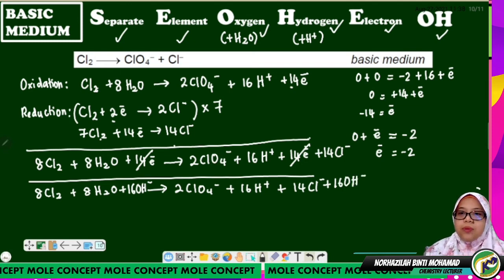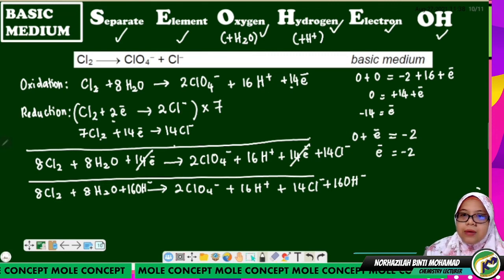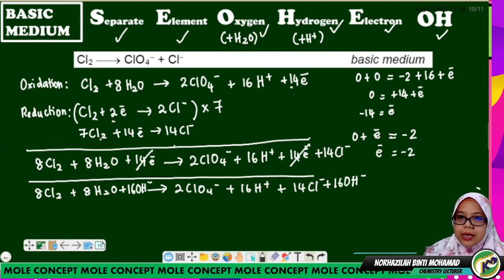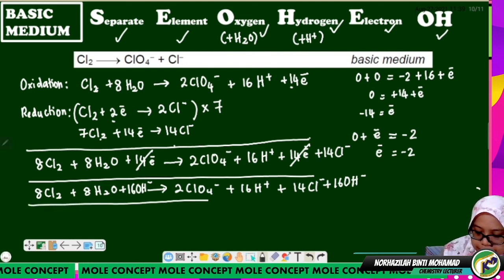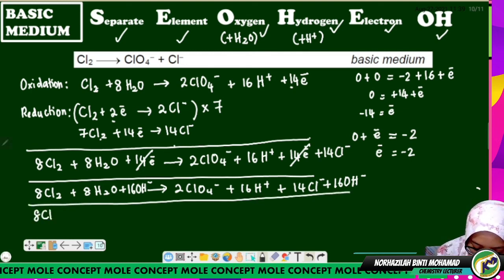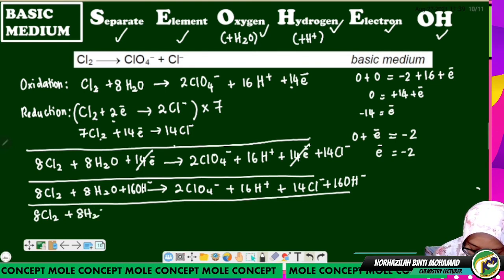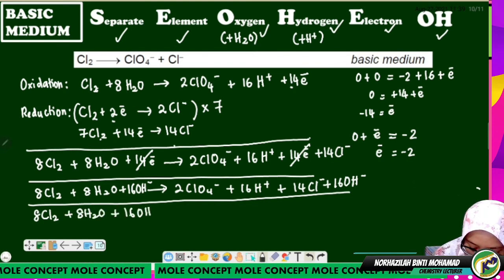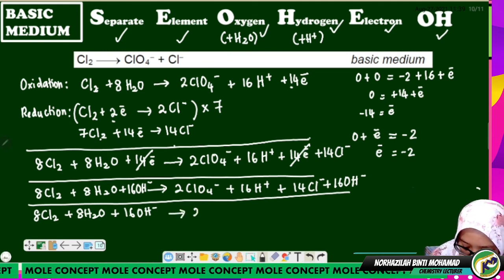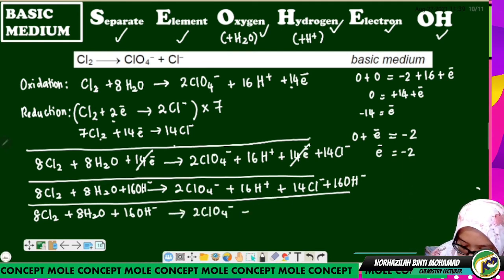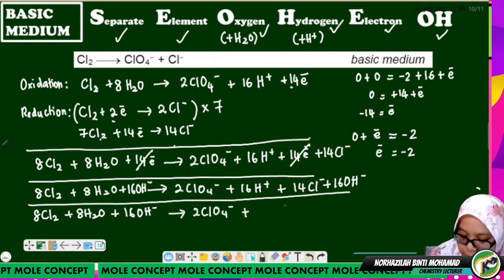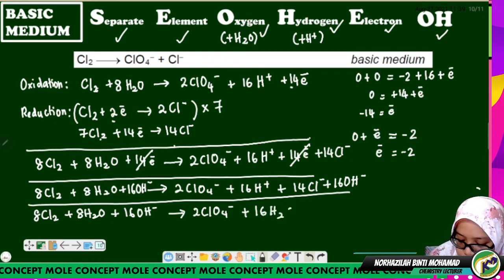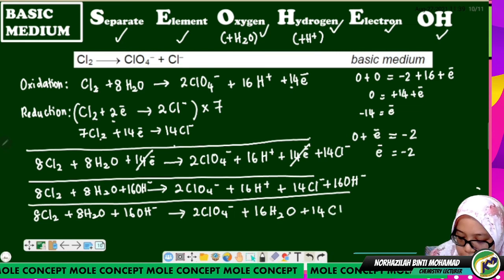So we know that when H plus combines with OH minus, 1H plus combined with OH minus gives 1H2O. So the equation will become 8Cl2 plus 8H2O plus 16OH minus produce 2ClO4 minus plus 16H plus combined with 16OH minus, which becomes 16H2O, plus 14 chloride ions.